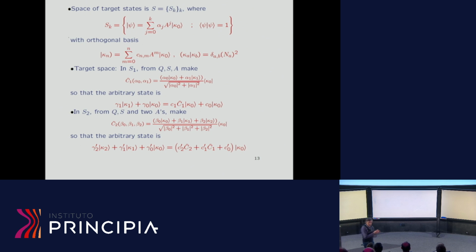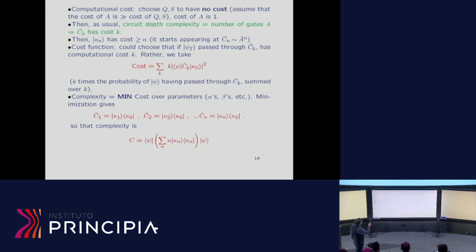So we have the complete set of target space, a continuum set, right? And so we want to say that the notion is related to the classical notion of the number of gates being the complexity, but that's why in the end we take the cost to be this function that is really continuous.